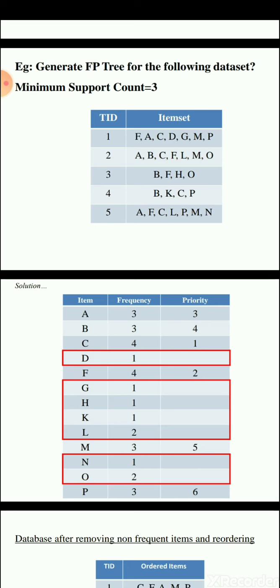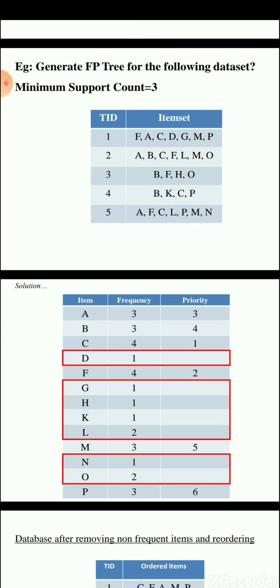So how is the priority given? The priority of each item is according to its frequency of occurrence. Here we can see that item C has the highest priority of 1 because the frequency is 4. Likewise, we give the priority for F. It is also 4, so it is given 2.